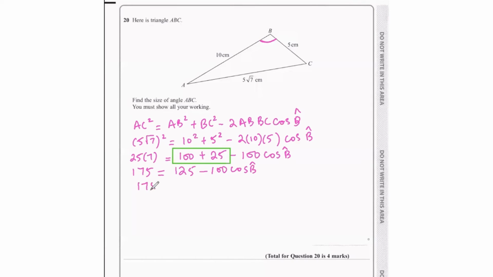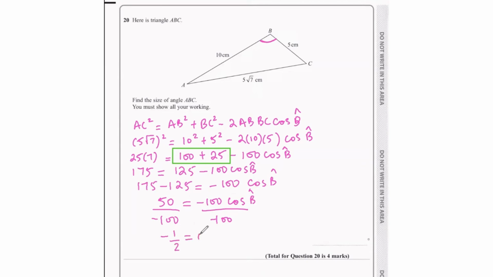So that would be 175 minus 125 equals negative 100 times cos of B. That's going to be 50. And then you will divide it by negative 100 to get rid of the negative 100 with cos of B. That's going to be negative 1 over 2 equals cos of angle B.